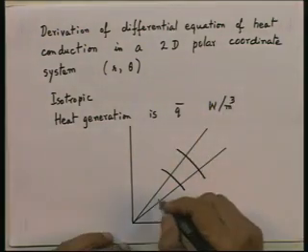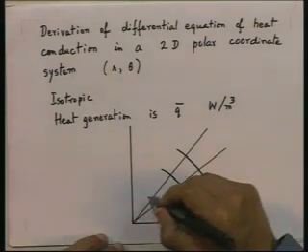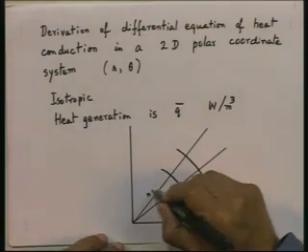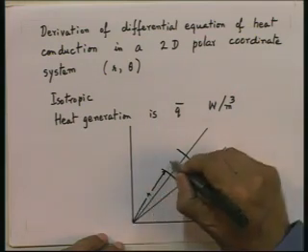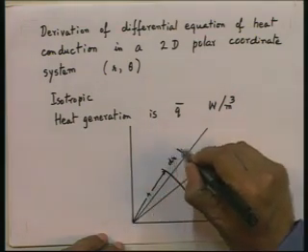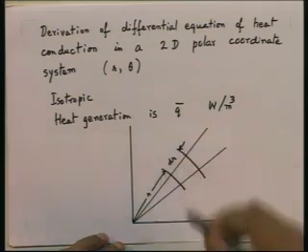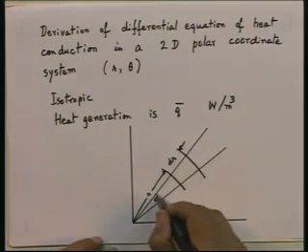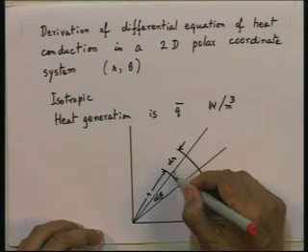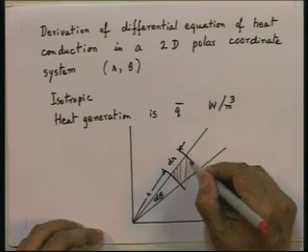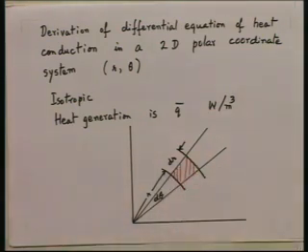Right. Now, this is the radius r, and this is dr, and this is the angle d theta. So, the element under consideration is the one that I am shading, and its area will be r d theta into dr.